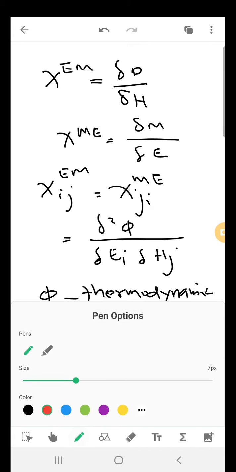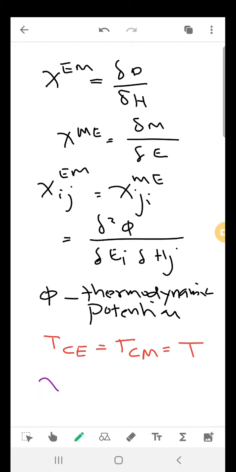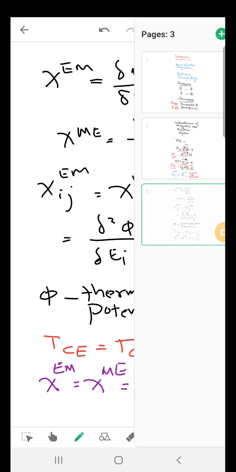So we can also say that EM is equal to ME is equal to (T minus Tc) to the power half. Now this discovery of magnetoelectricity was found in Cr2O3, chromium oxide, from the product of magnetization and piezoelectric effect.